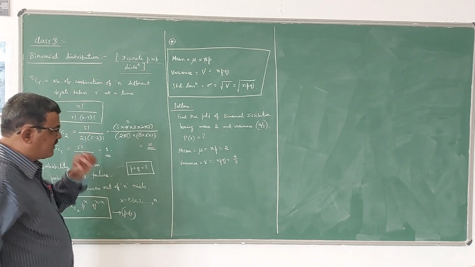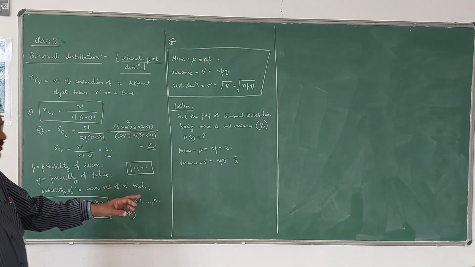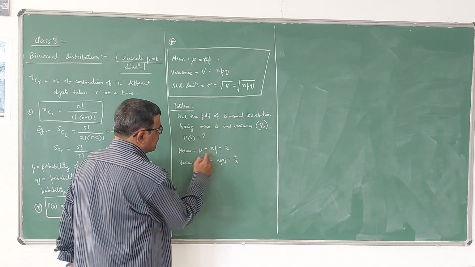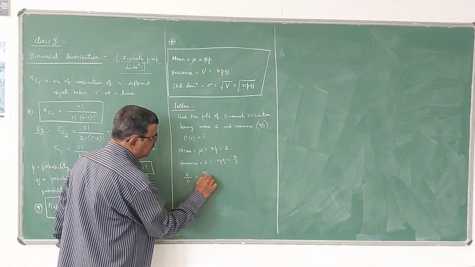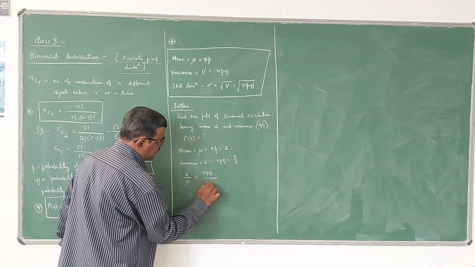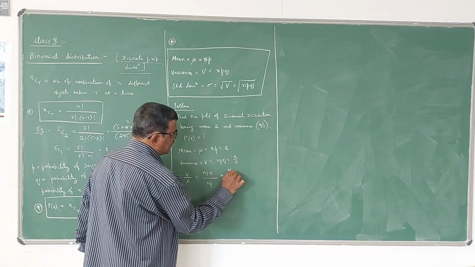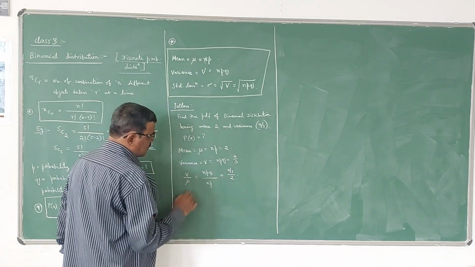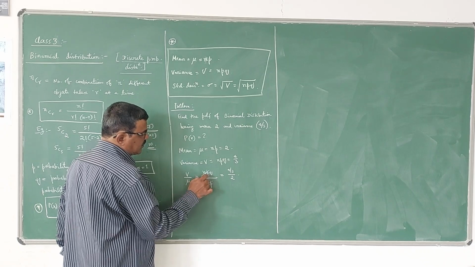Now from these two equations, you can easily find out the q value. If you divide variance by mean, n into p into q divided by n into p is equal to 4 by 3 divided by 2. n into p will get cancelled, and you will be getting only q.